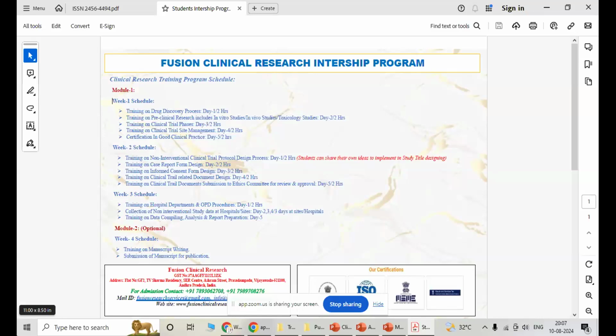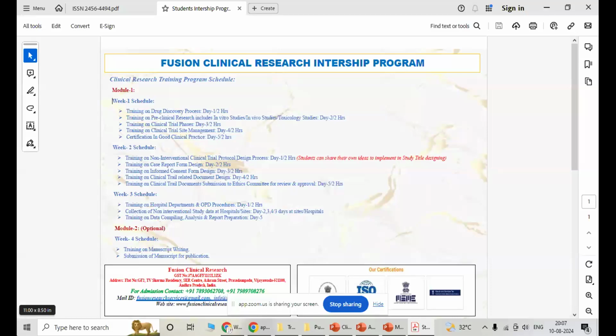And on day 4, we are going to train you on the clinical trial related documents. What are the extra documents and how to prepare them, we will train you, so that you can prepare your own documents like the protocol, case report form, informed consent form, and clinical trial related documents.